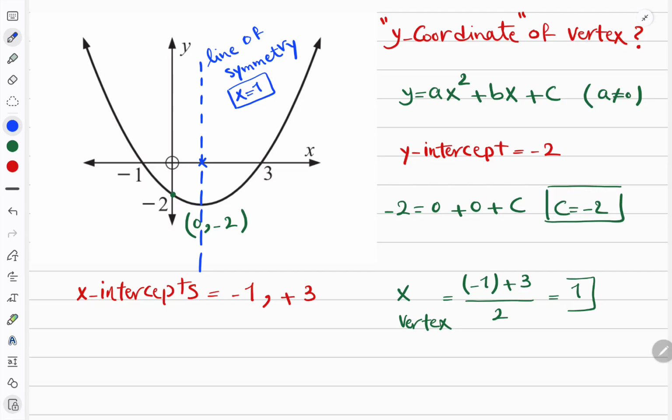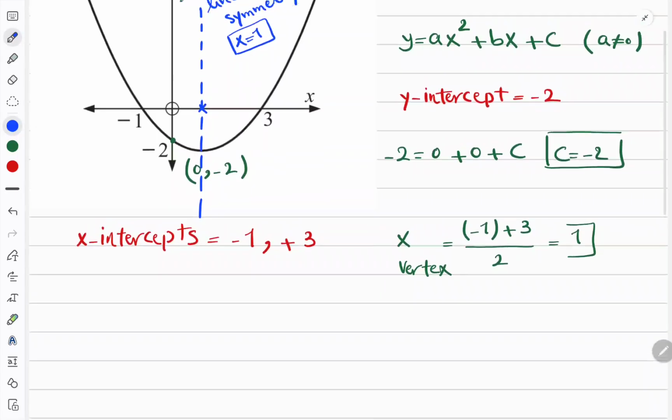So far so good. And the next step is to use 2 other points, these 2 points, and substitute the x and y coordinates of these 2 points into the equation.